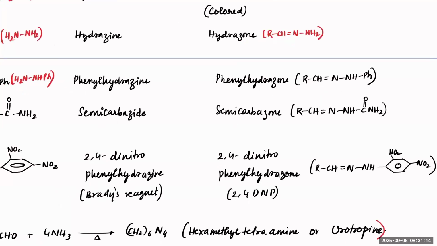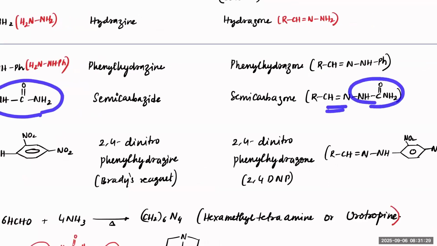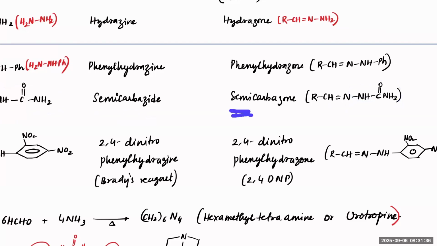Similarly, if you have NH, C double bond O, NH2, then from this NH2, the H2 will go away, and I'll get C double bond N with this entire group connected to it. The name is semicarbazide, and it will become semicarbazone.